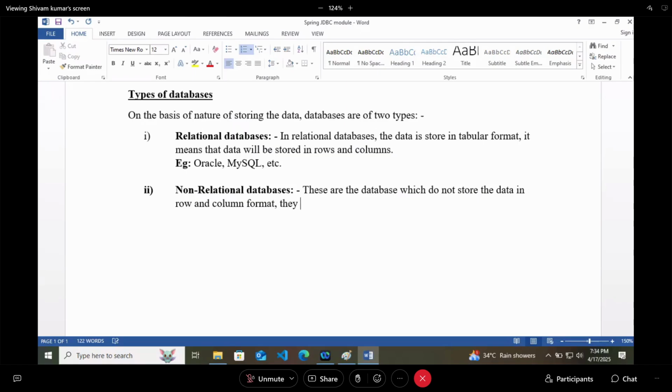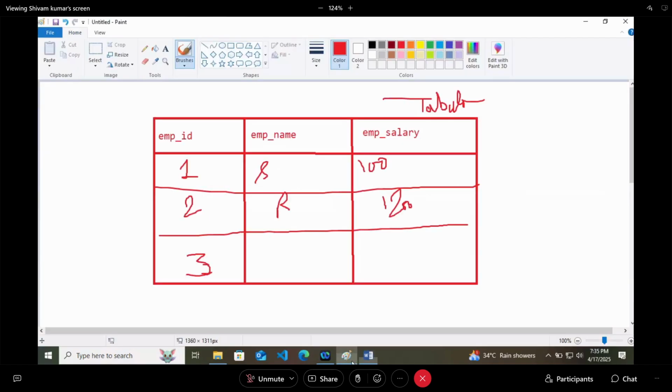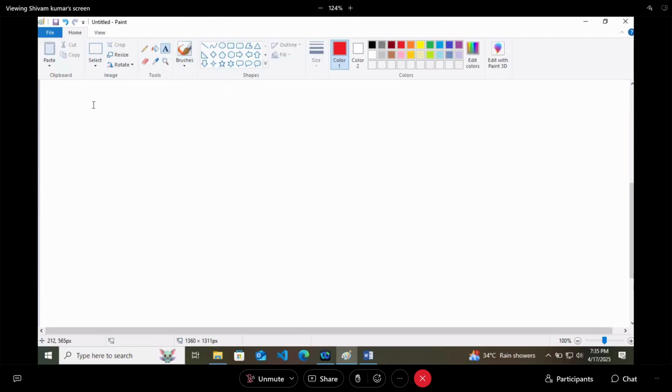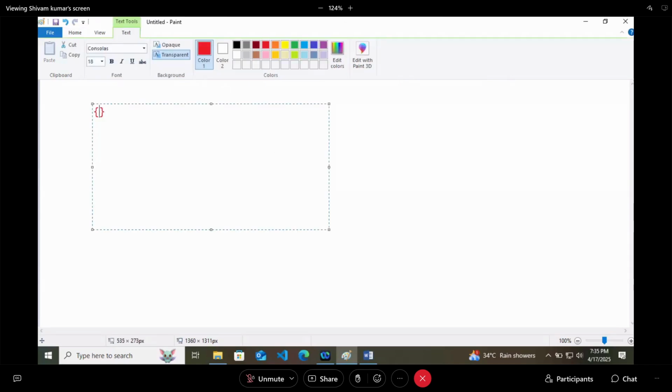They generally use a tree structure or JSON format. JSON is nothing but an object, a JavaScript object, which looks something like this: name colon something, ID colon something, salary colon something. So it will store data either like this or in a tree structure.